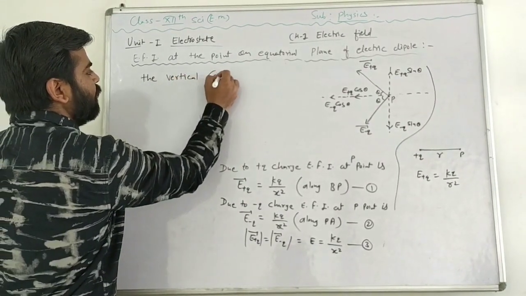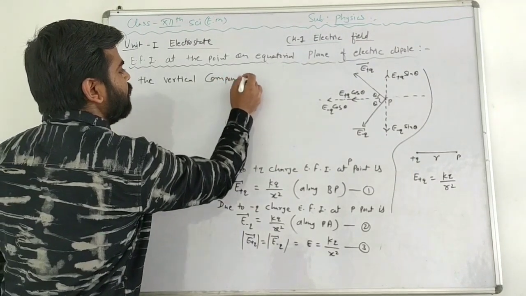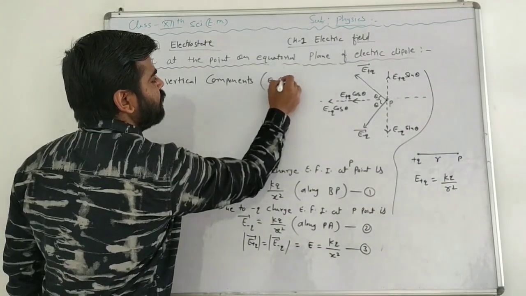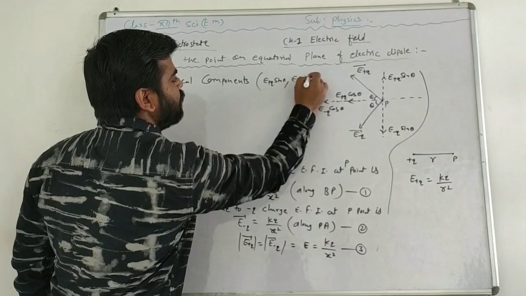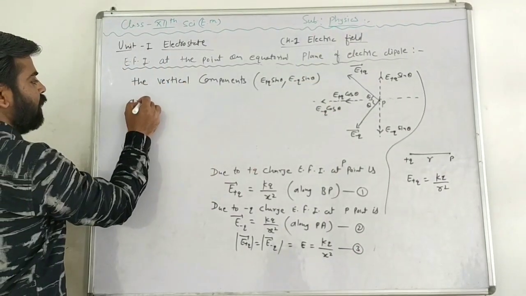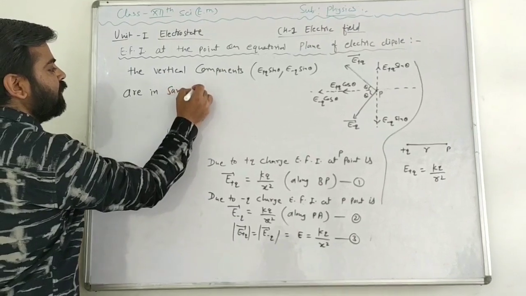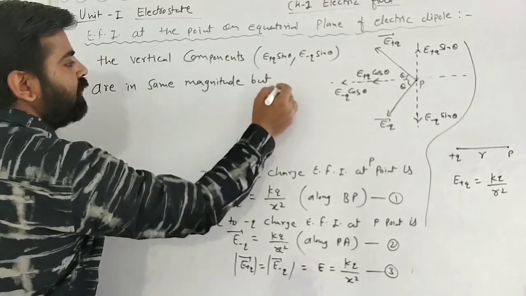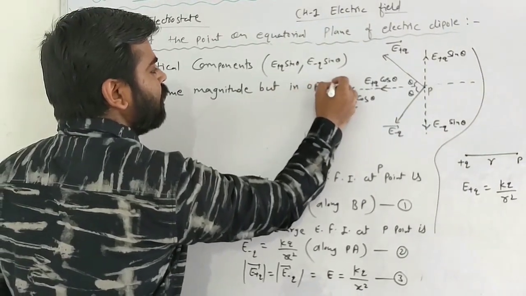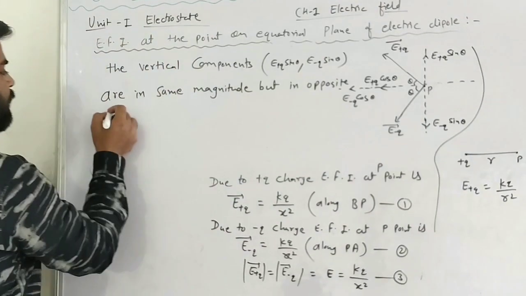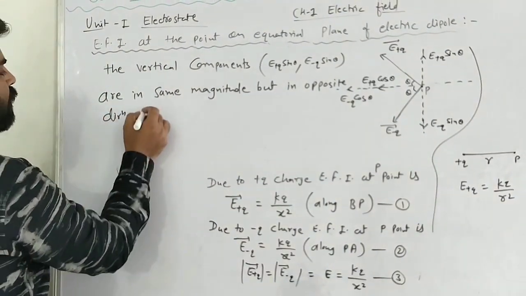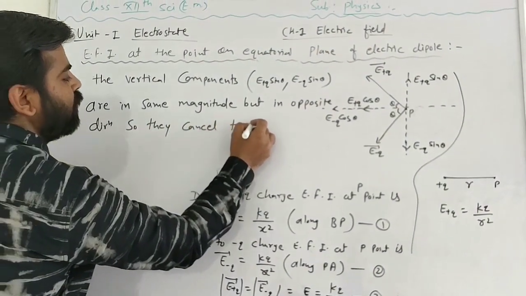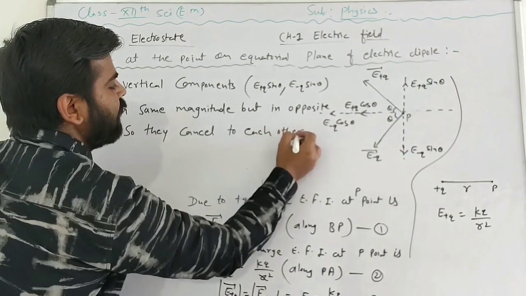The vertical components E plus q sin theta and E minus q sin theta are in the same magnitude but in opposite direction, so they cancel each other.